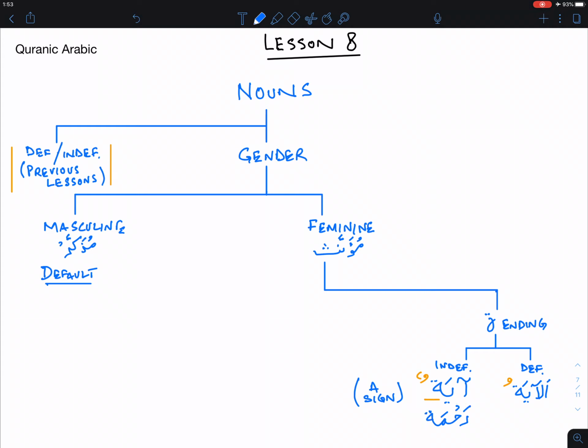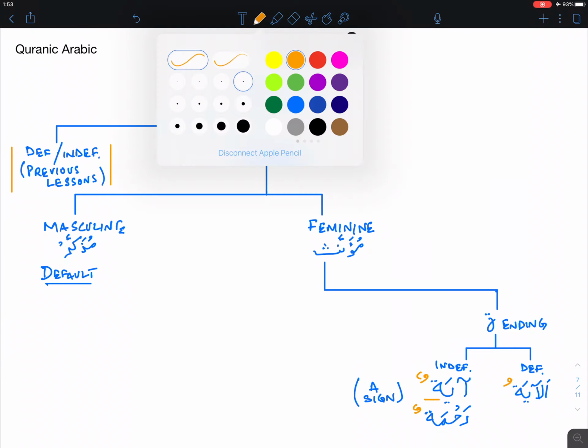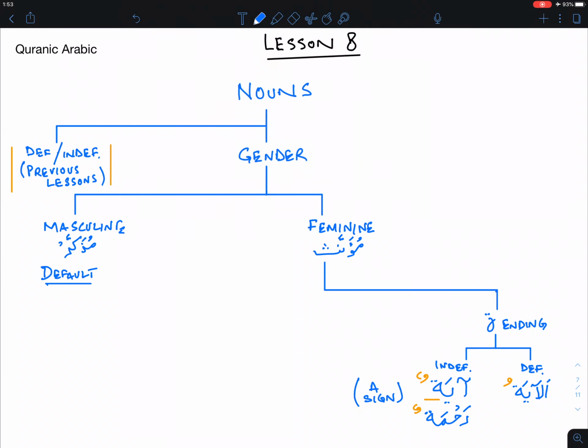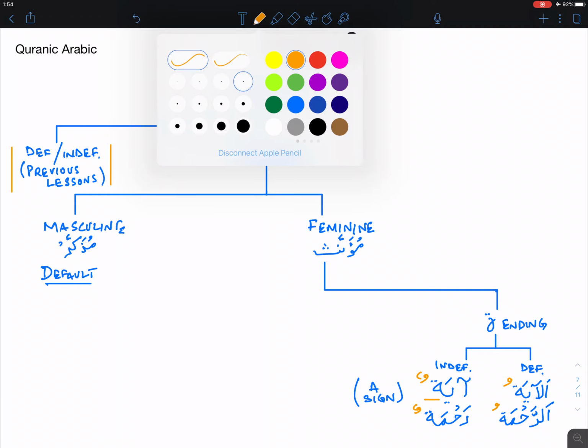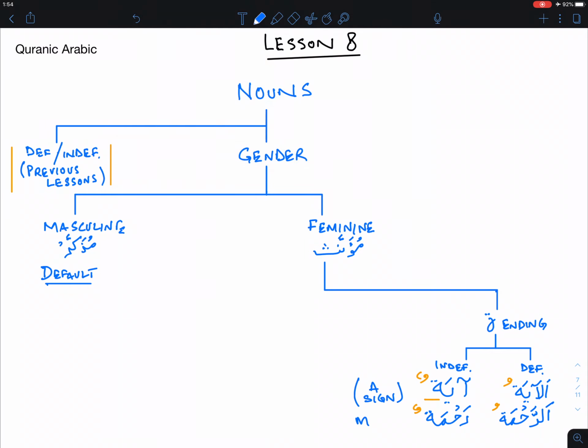Rahmatun, and going back to the definite case it is ar-rahmatu. That means the mercy of Allah subhanahu wa ta'ala in the Quran, so mercy in general. Inshallah, now you can go through the Quran and look at examples of this.